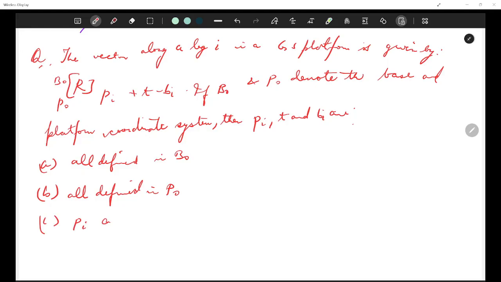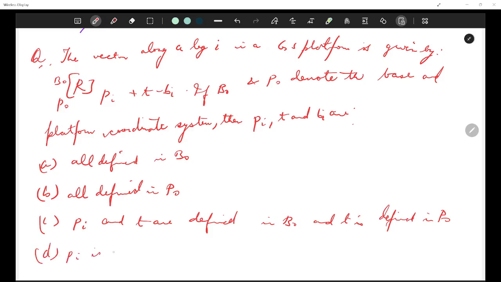Pi and T are defined in B naught and T is defined in P naught. Or Pi is defined in P naught and T and Bi are defined in B naught.